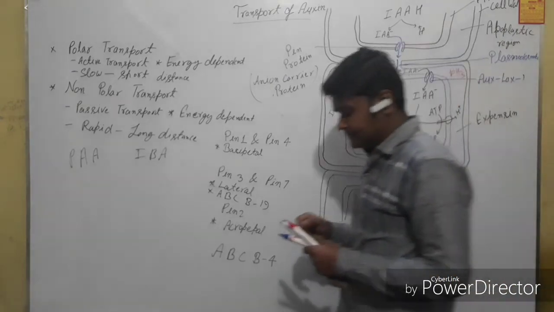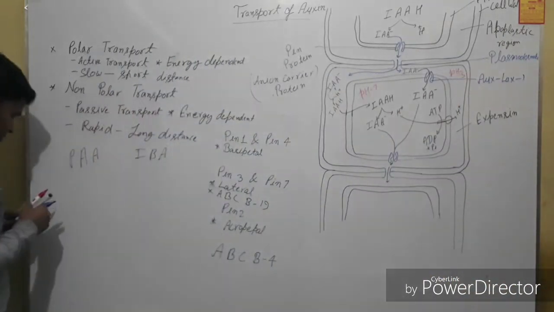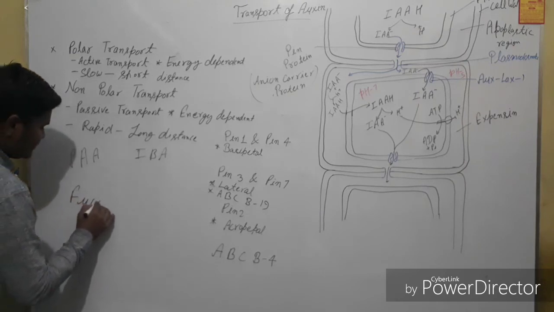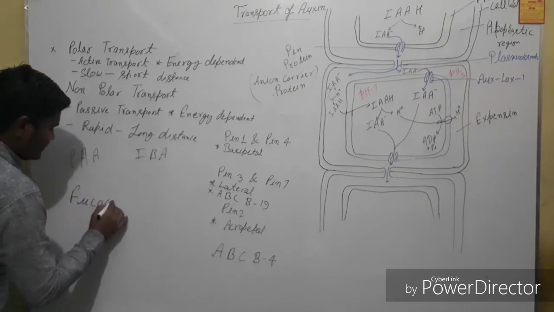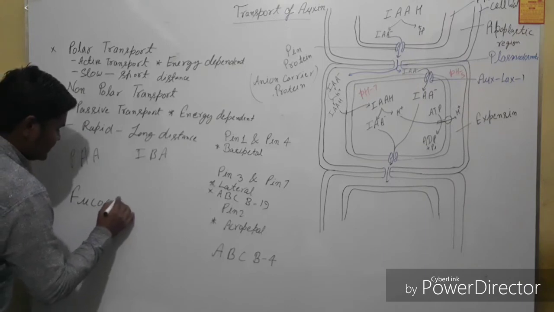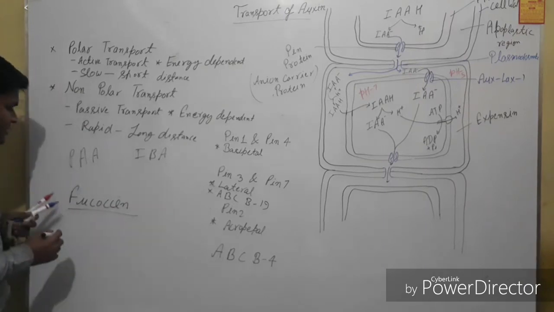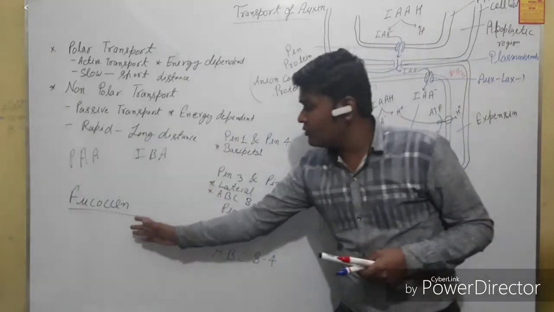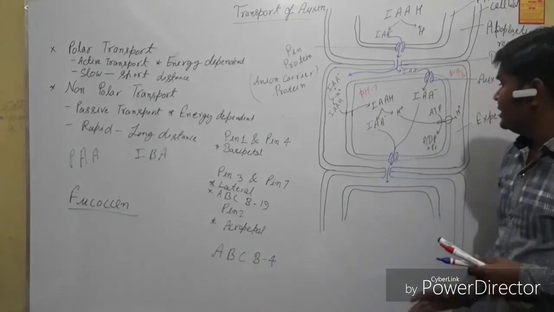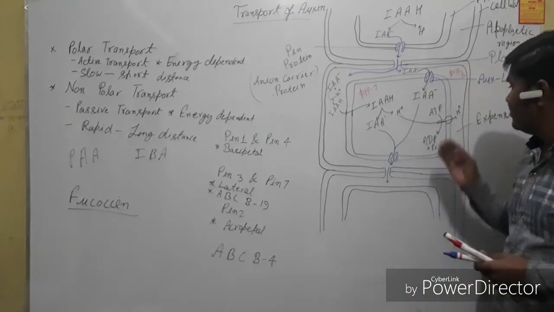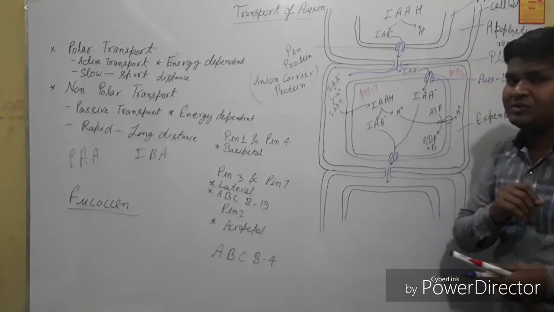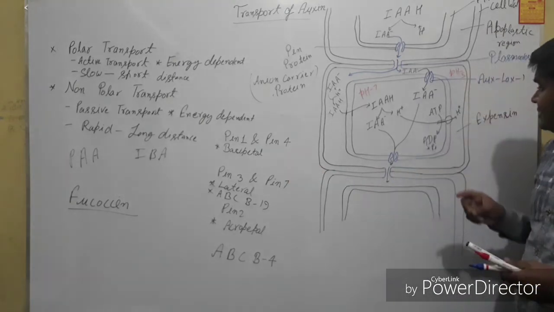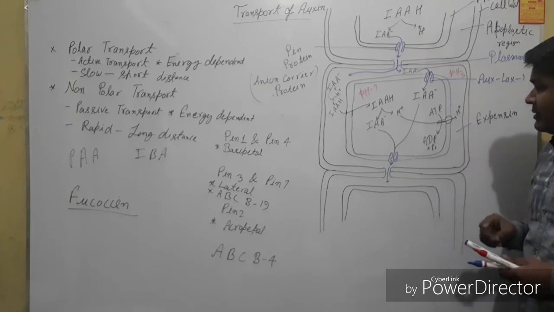Another fungal toxin, which is known as fusicoccin, is also helpful in the activation of the hydrogen pump.